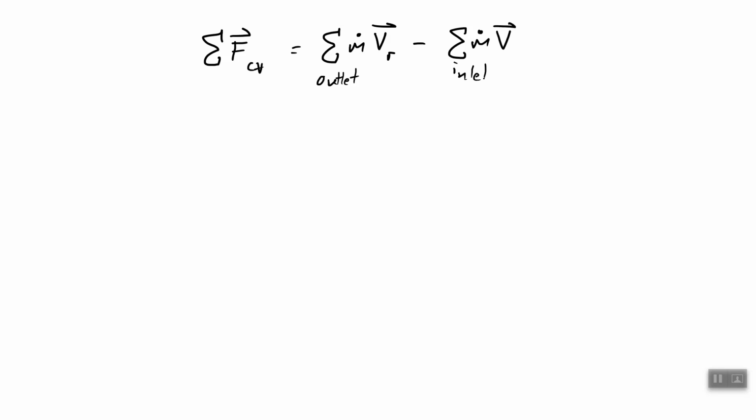Remember, the sum of the forces on our control volume for a moving control volume is equal to the sum over all outlets of the mass flow rate times the relative velocity, minus the sum over all inlets of the mass flow rate times the relative velocity, where the mass flow rate is defined as the density times the area times the magnitude of the relative velocity. So you see, everything is the relative velocity.